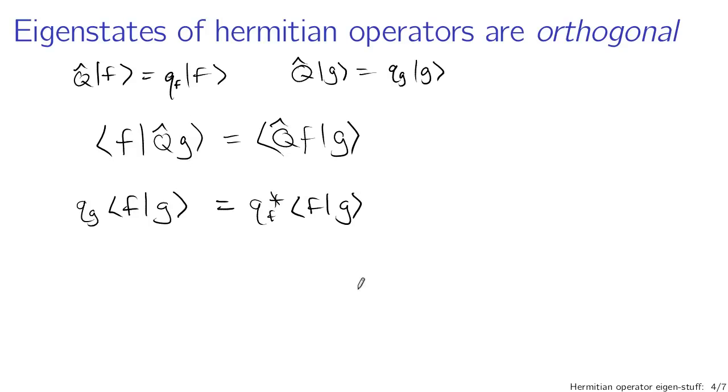So, we have some potential problems with this expression. If qg and qf are not equal to each other, and the inner product of f and g is non-zero, then we have the same expression on both sides, which can be divided out. qg is equal to qf, but that's going to cause some problems.